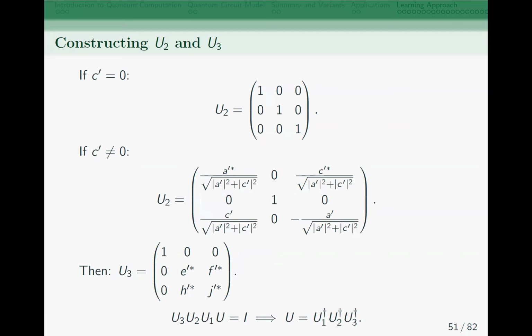Notice that once I do this, what are the remaining matrices? When I apply U2, U1, and U, whatever it is, it already becomes 0, 0 here. But the problem is that this matrix is also unitary.